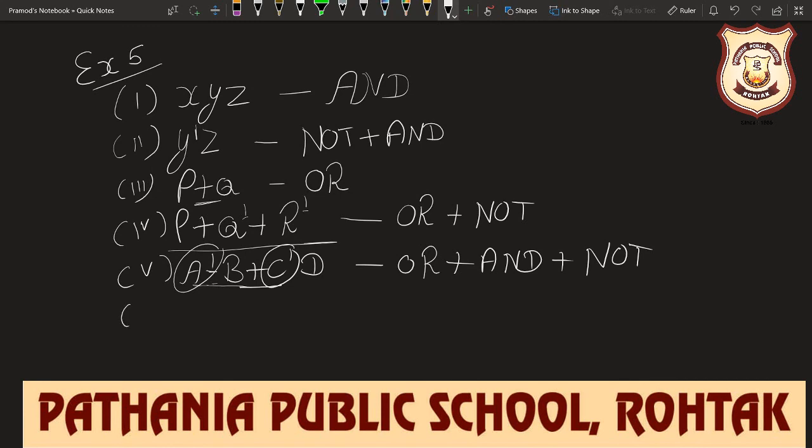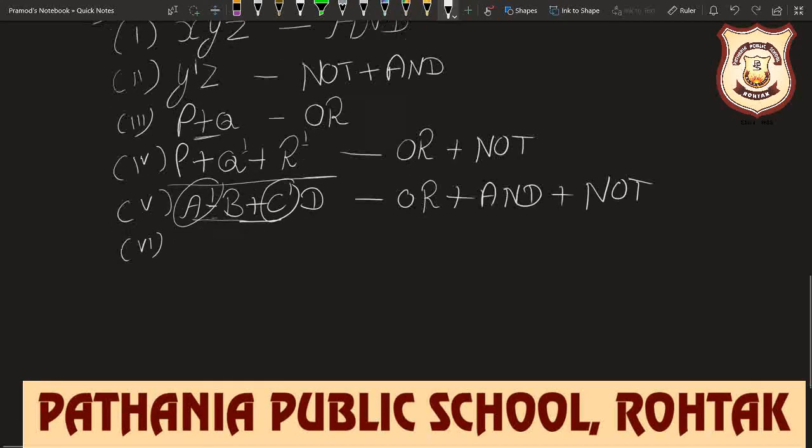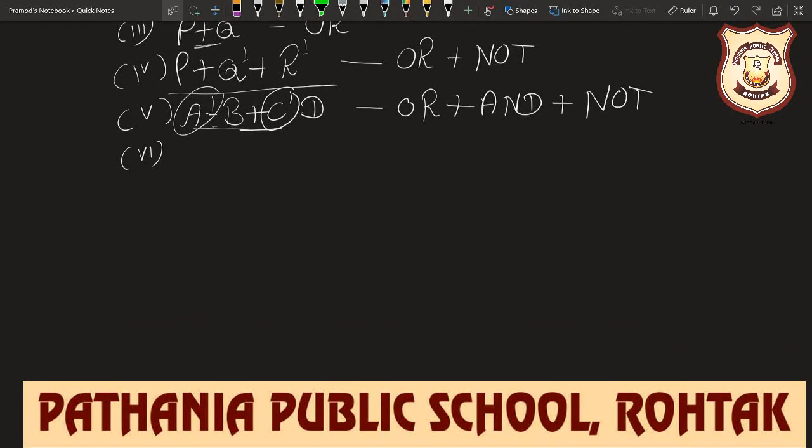In the next question, question number 6, your question is, from the expression given below, identify the logic gate that can implement such expression, and the statement is A complement B plus C complement D. Multiplication is here, so AND gate.